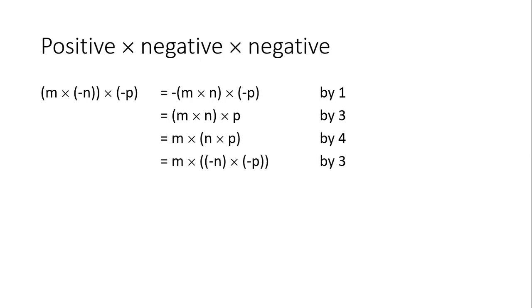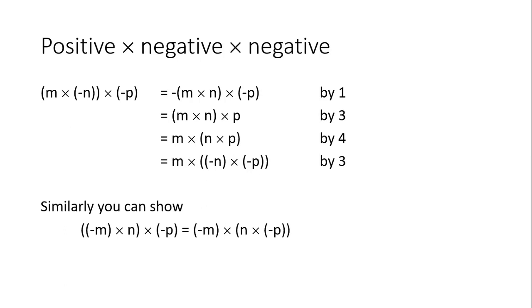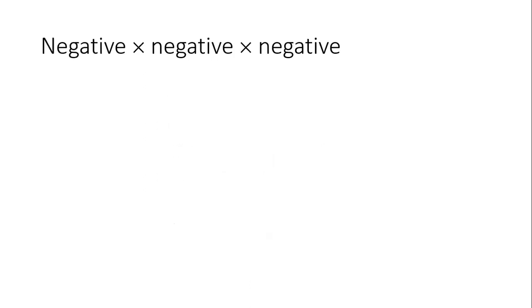Associativity, reverse application of 3, and that's it. So if you have two negatives, it actually became shorter. Anytime you have two negatives, it will probably be a shorter proof. Now, all negative.